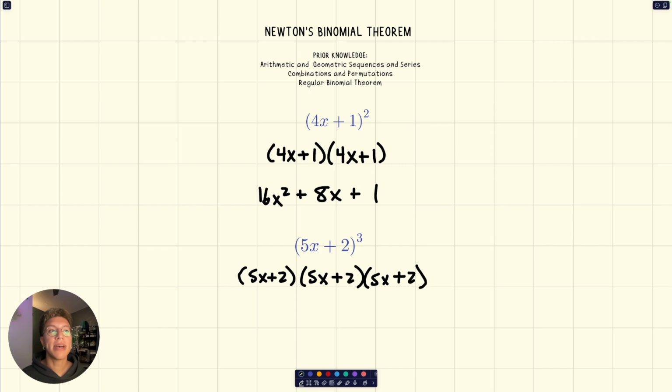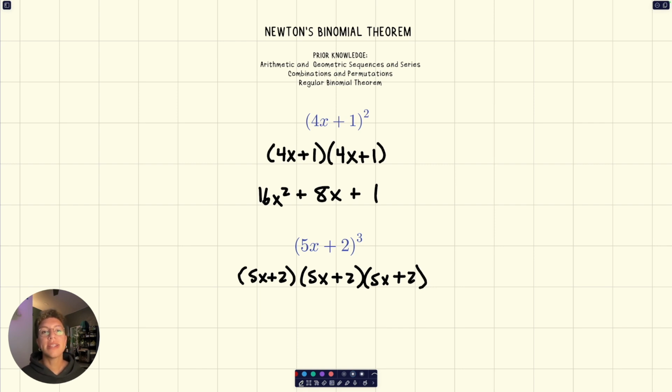Particularly, we think of Pascal's triangle. So this expression right here, we could take the long way, but there's a shorter way, and that shorter way is to take a look at Pascal's triangle.